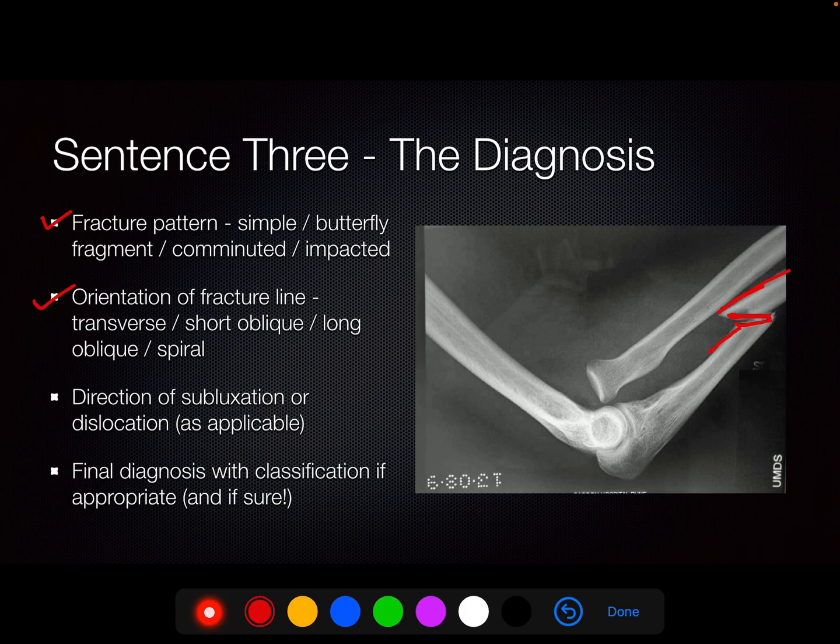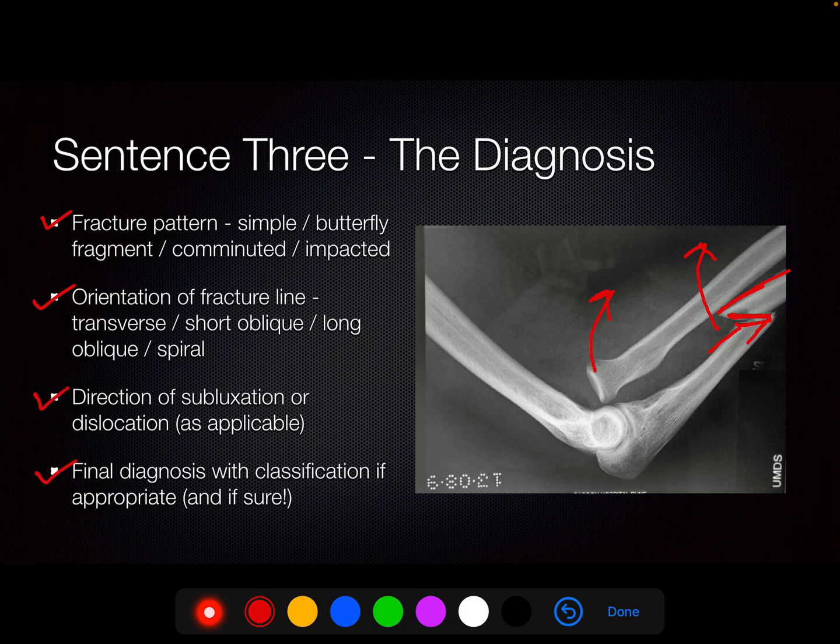Here there are just two pieces, and therefore this is a simple fracture. Then if the fracture is displaced, you can talk about the direction of the displacement, which in this case is ventral or volar.